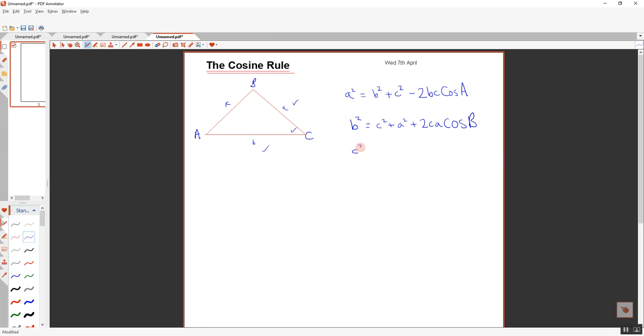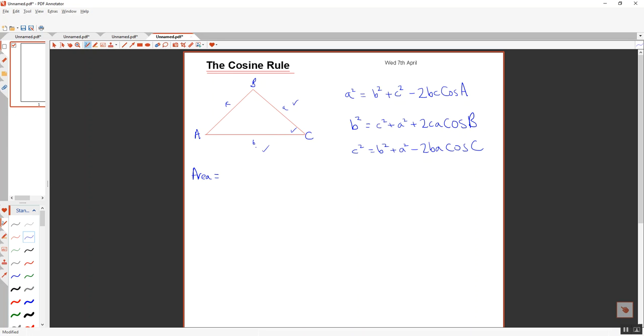So the formula would be c squared is equal to b squared plus a squared minus 2ba cos of the angle in between b and a, which is, of course, C. So you can remember this formula, but the way I always think about it is if I know two sides and the angle in between, I can find the other side.